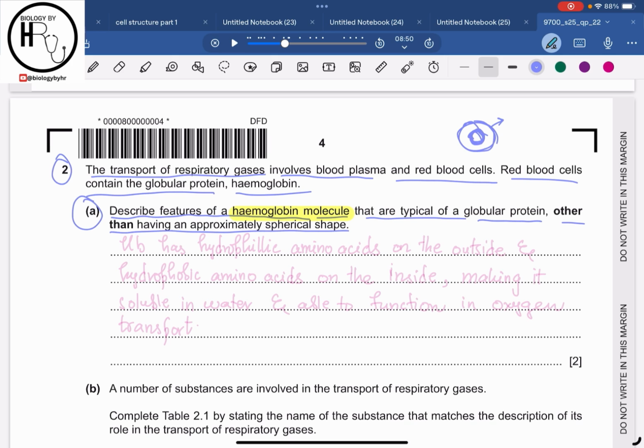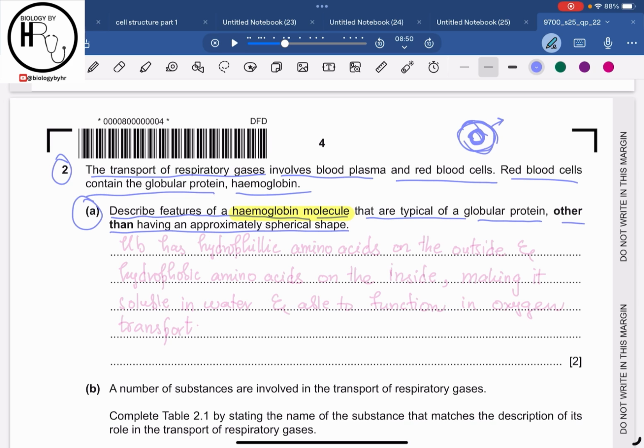And this helps in stabilizing the protein core. Also, because of this arrangement of the hydrophilic and hydrophobic amino acids, it causes the haemoglobin to become soluble in water as well, which is essential for it to circulate in the blood plasma.